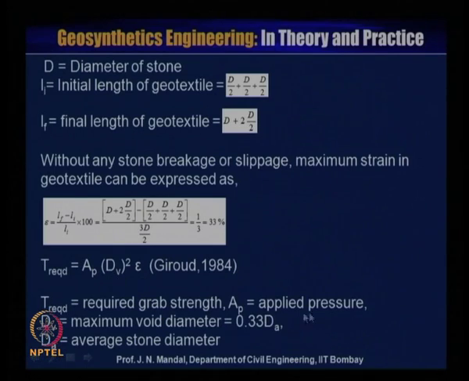The maximum void diameter is equal to 0.33 of dA, where dA is the average stone diameter. So, if you know the average stone diameter dA, you can calculate the maximum void diameter. If you know dV, epsilon, and the applied pressure, then analytically you can determine the required grab strength of the geotextile material.